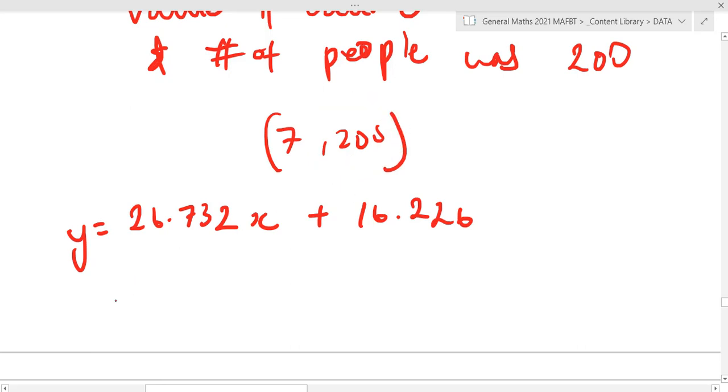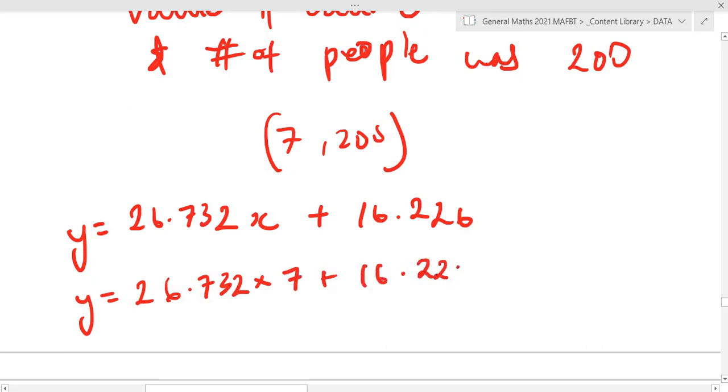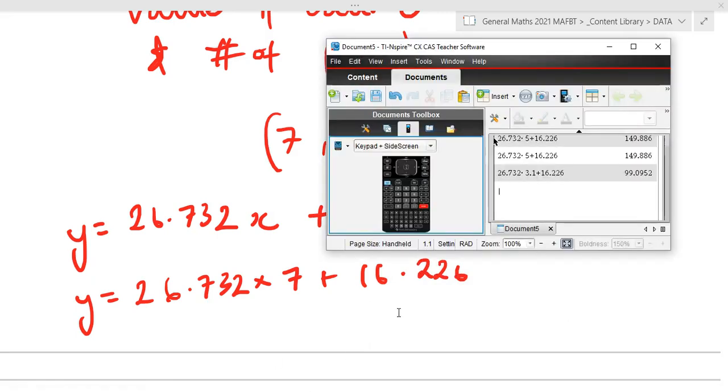So let's make a prediction. y equals 26.732 times the x variable, which is 7, plus 16.226. In my CAS I've already got that formula, which is great. Just change the x variable to 7.